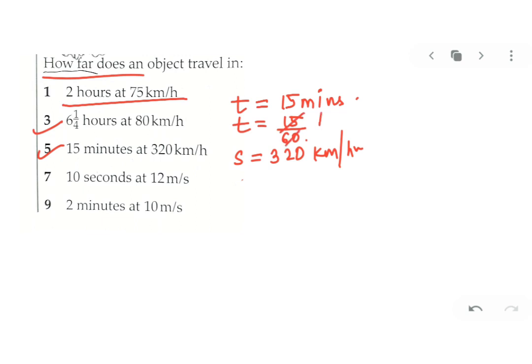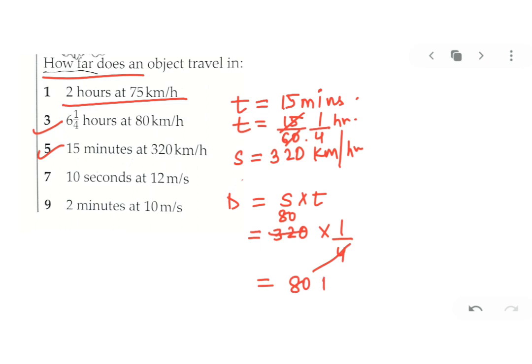That will be 1 upon 4 hour. So now you got your time in hours, your speed is in kilometer per hour. You have to find the distance. Distance is speed into time. So that will be 320 into 1 upon 4. And your final answer will be 80 kilometers. Clear? Can you do 7th and 9th?